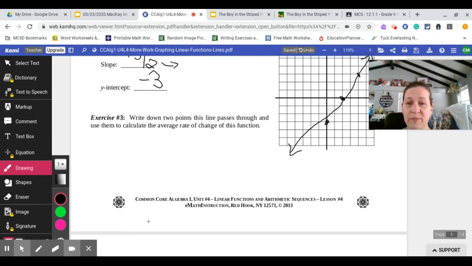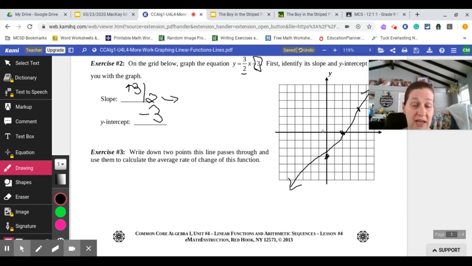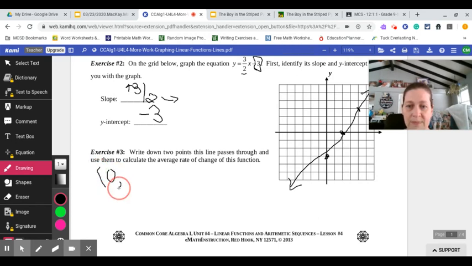Exercise number 3, write down 2 points this line passes through and use them to calculate the average rate of change of this function. The first point that we know of is 0, negative 3. Another point that we know is this one right here, which is 2, 0. To figure out average rate of change, we do the change in y over the change in x.